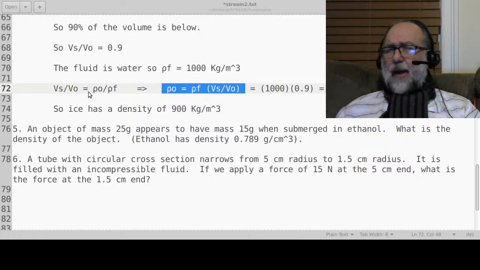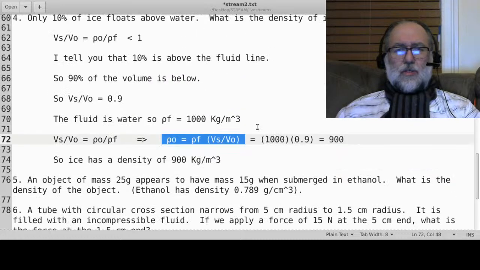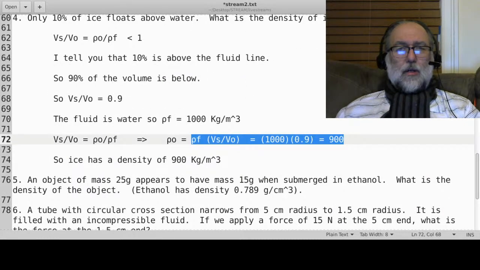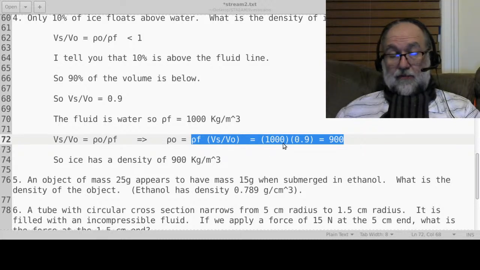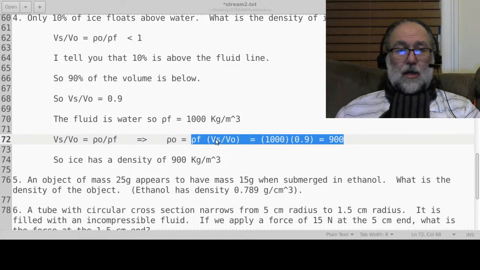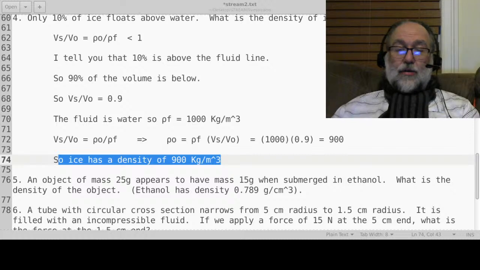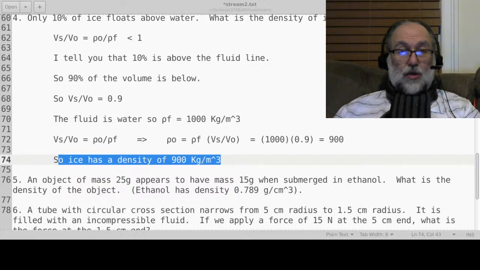Basically, multiply both sides by rho F. If you plug in, rho F, the fluid is water, that's 1,000. Vs over Vo we just determined was 0.9, and so you get 900. So the density of ice is 900 kilograms per meter cubed.